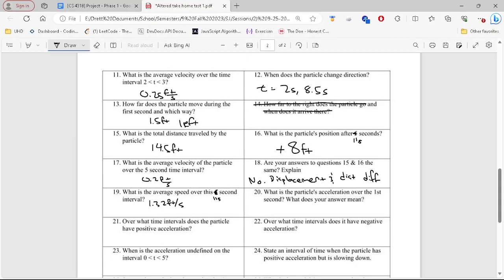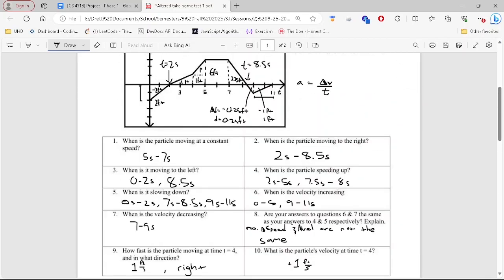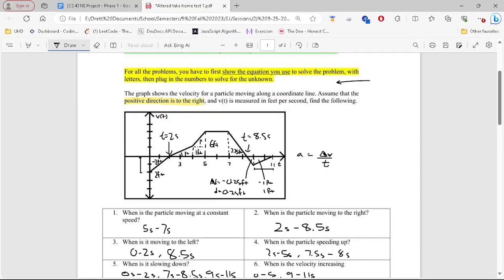So, what is the particle's acceleration over the first second? Let's see. We need the change in velocity in the first second, so from 0 to 1.